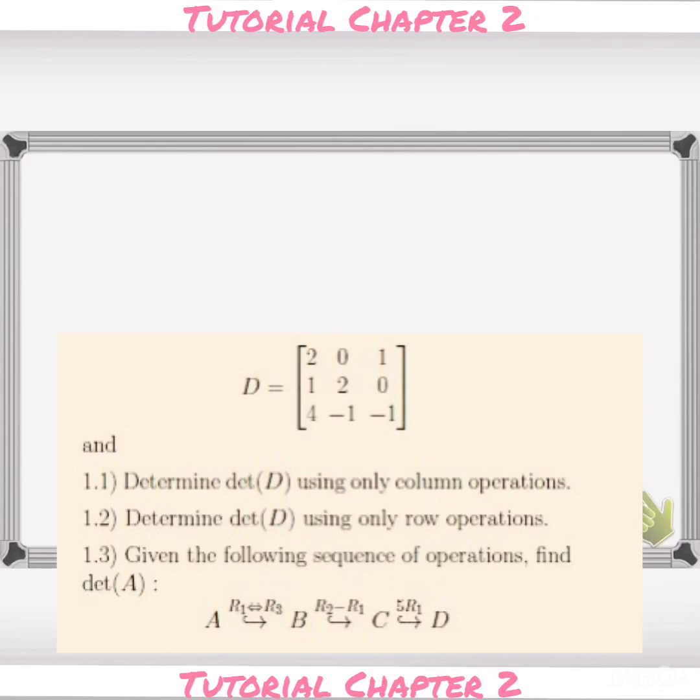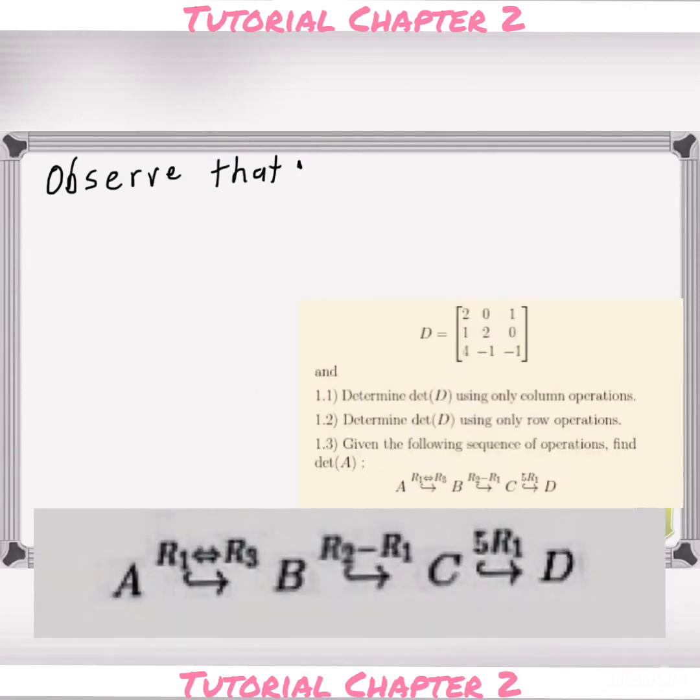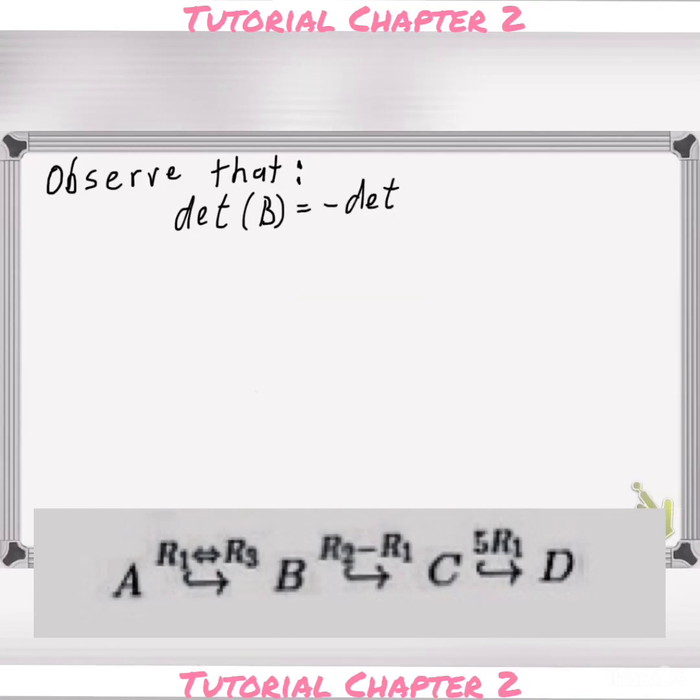So observe that you have the following. You have that the determinant of B is equal to negative the determinant of A. And why is that?